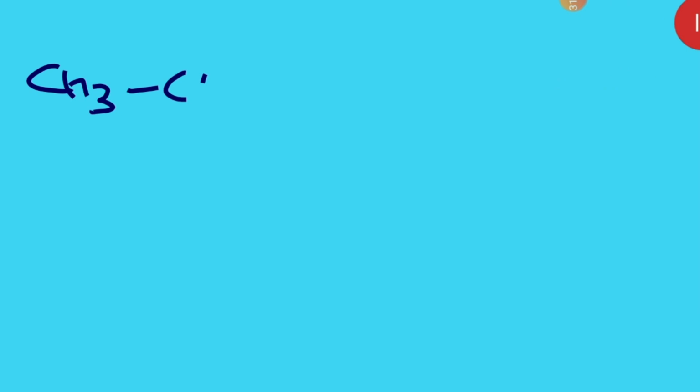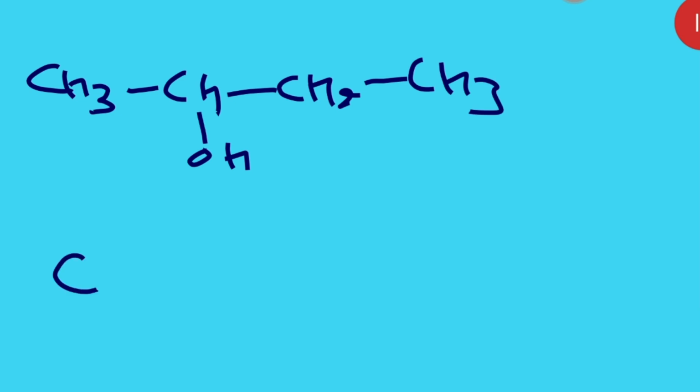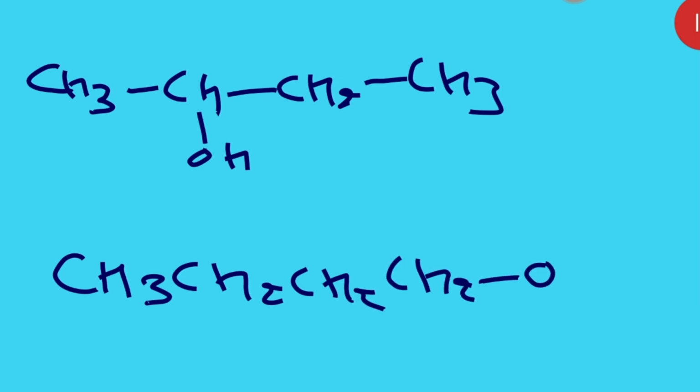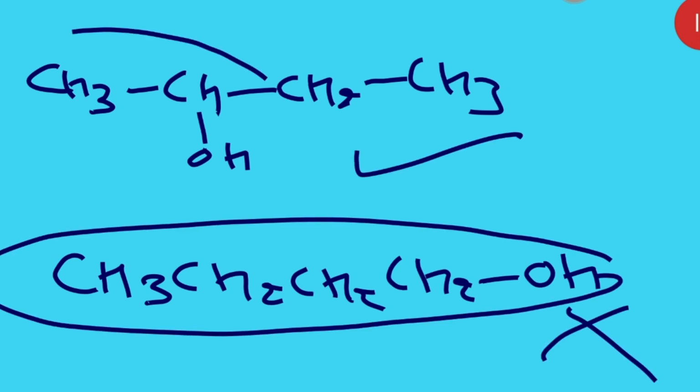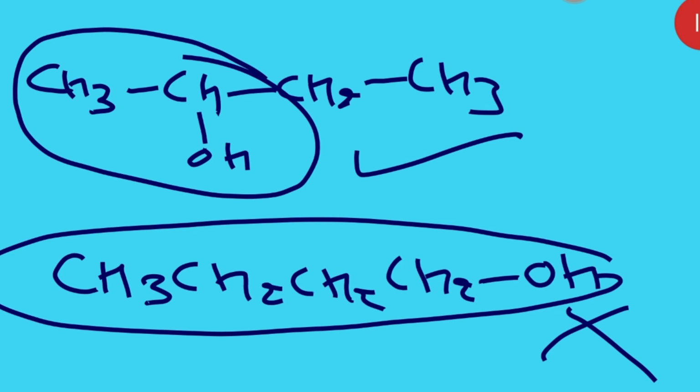Suppose here I am writing CH3CHOHCH2CH3, this is butan-2-ol, and here CH3CH2CH2CH2OH, this is butan-1-ol. Now tell me, will butan-1-ol give? No, it will not give. This one is going to give, because it contains CH3CHOH. Okay, students, this was the iodoform test that we have done. Okay, thank you very much.